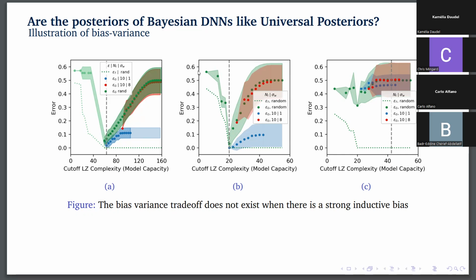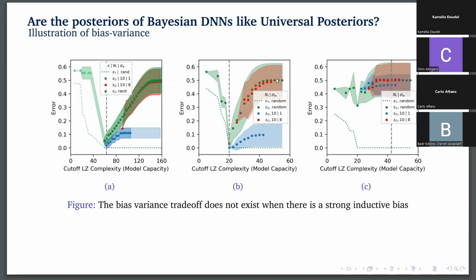So what this plot shows is if I were to go over all of these functions, and I were to eliminate all functions with an LZ complexity greater than, for example, 20 here, and then of those functions, I would only pick the ones that have zero training error or minimum possible training error. I would then give them a uniform probability of being correct, and I would calculate the generalization error of that learning agent.